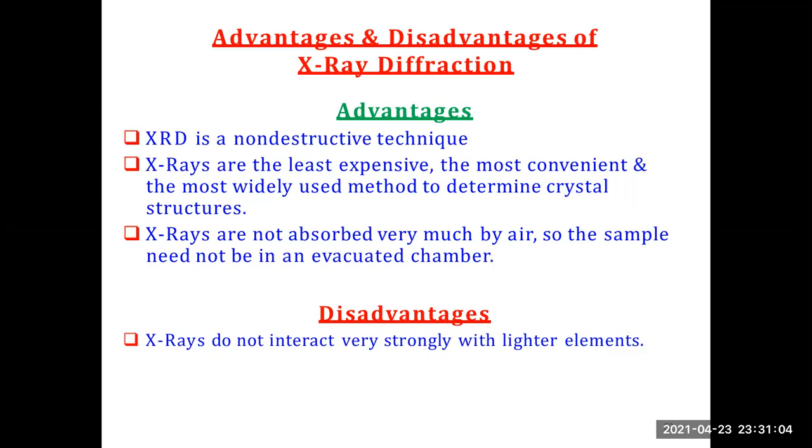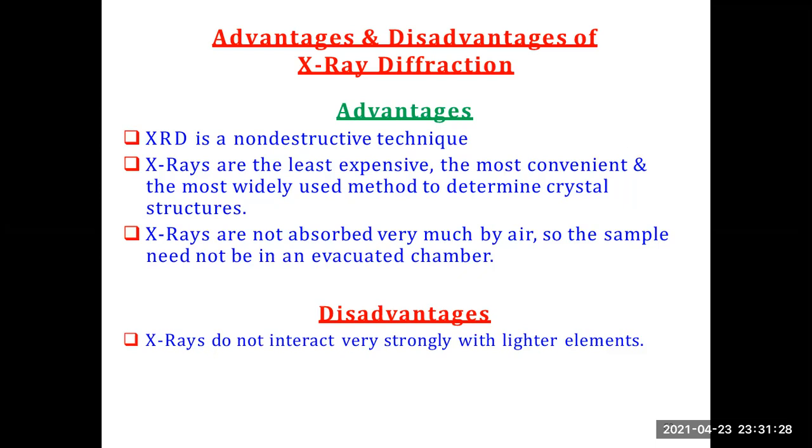While doing other experiments, mostly we need an evacuated chamber, but since X-rays are not absorbed by air, this is the most important advantage of using X-ray diffraction. And what is the disadvantage? X-rays do not interact very strongly with lighter elements, which are definitely present in the air. This is one of the disadvantages of X-ray diffraction.